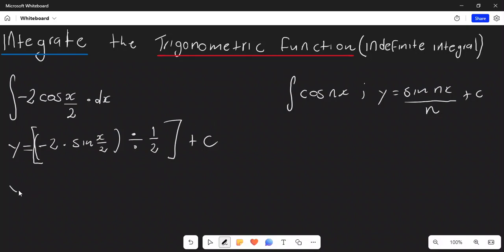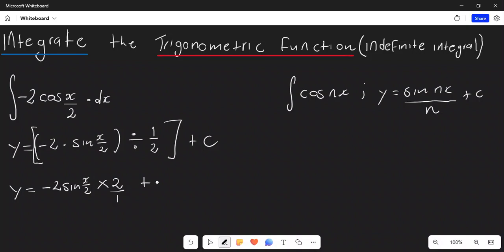So if you continue like that, let's simplify. We're going to have negative 2 sine x over 2, then divided by a half. We can change this to multiplication: the numerator becomes denominator, and the denominator becomes numerator, so this is going to be 2 over 1, right?